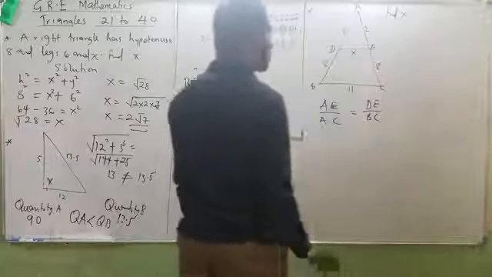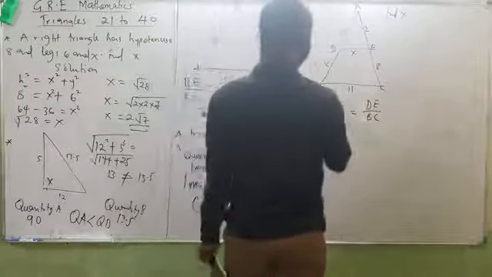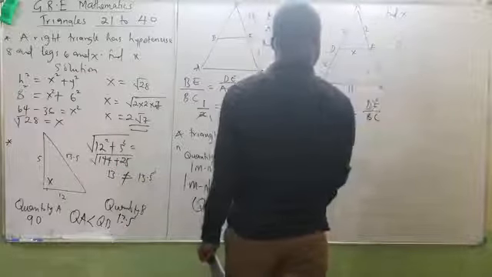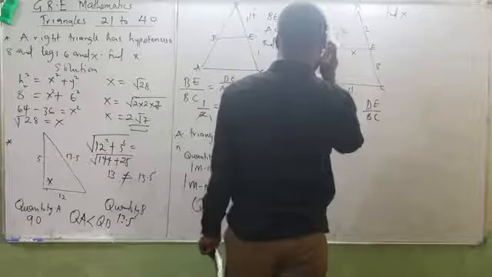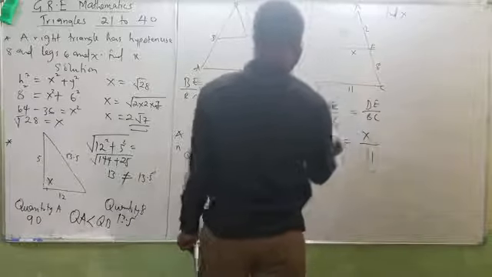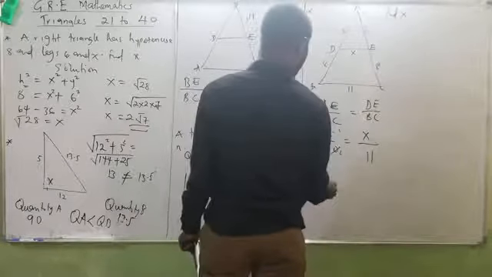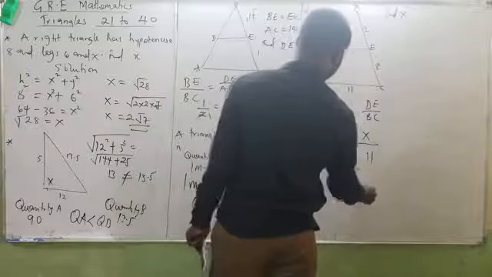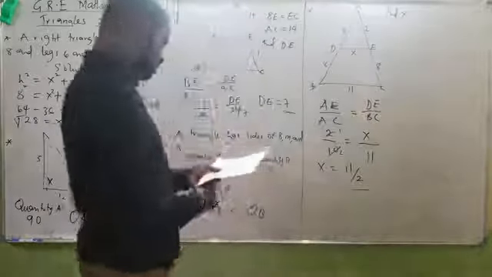Take note of that. Very, very important. Now, our AE is 2 divided by this, and this will be 10, equal to DE, which you don't know, we call it x, over 11. Here 1, here 2, so my x will be equal to 11 over 2. That is your answer.